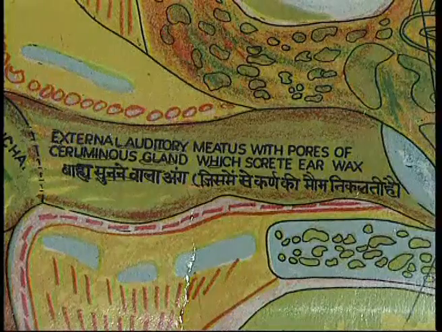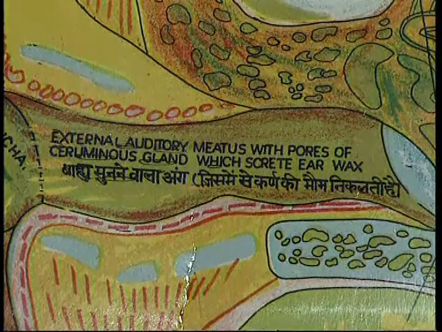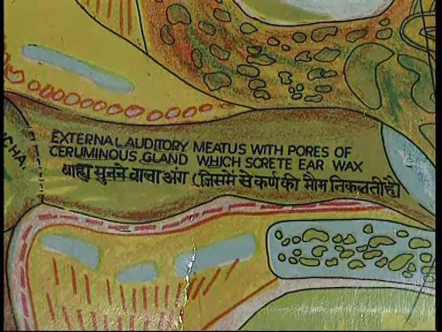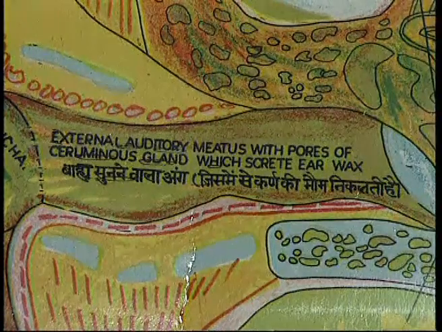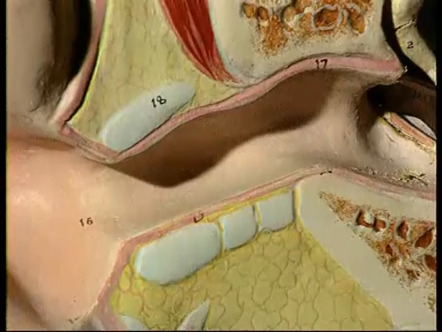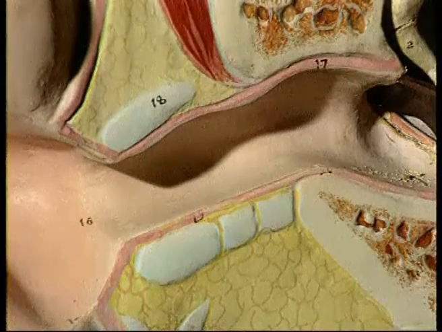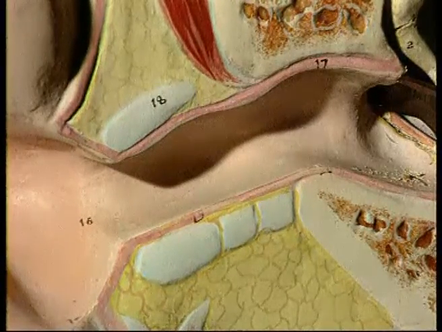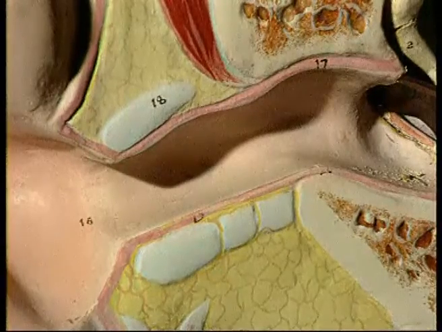So these ceruminous glands found in the ear are a modification of apocrine sweat glands. This specific secretion is called cerumen or ear wax, to prevent dust particles and impurities carried by sound.